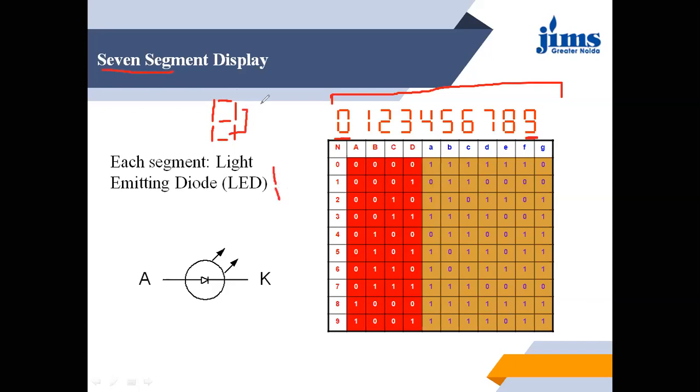So by using these 7 LEDs in different combinations, we can design any of the decimal numbers, and each segment is represented as an LED. So this was the last topic in combinational circuits.